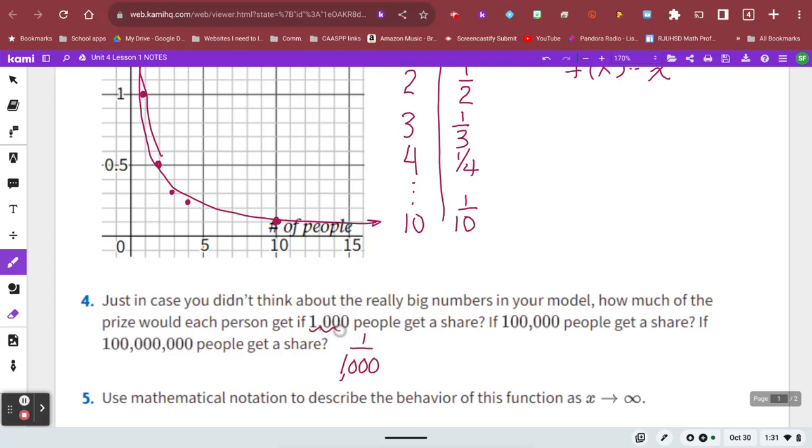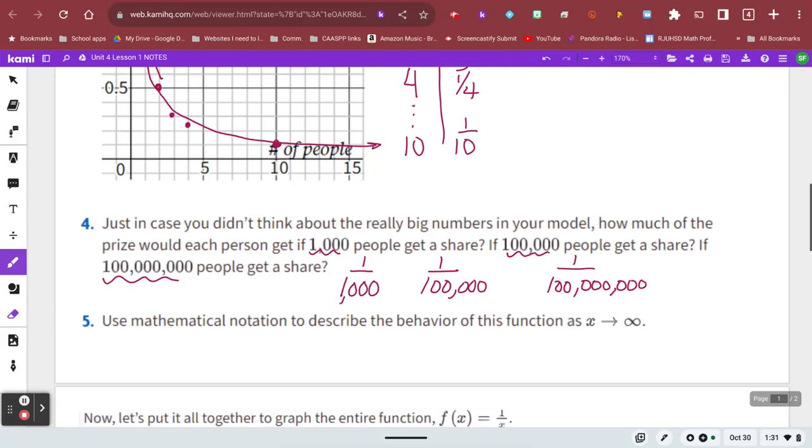If you shared it with 100,000 people, you each would get 100,000ths of a share. And if you were doing it with 100 million, you would get 100 millionths.